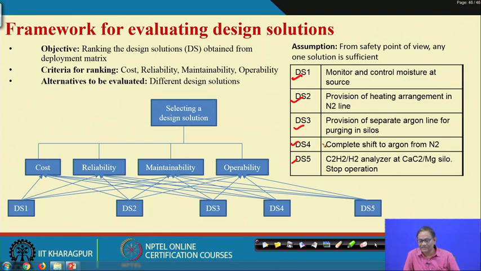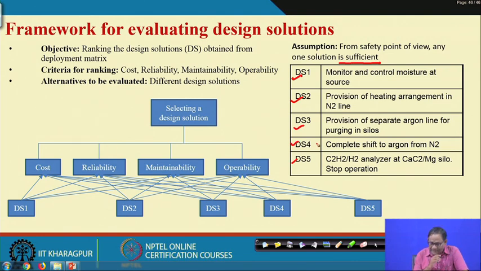It is a very conservative and restrictive assumption, because the design solutions are different and could have different potential, but nevertheless any one of them is sufficient. If you find there is a better solution, fantastic, but this is our assumption for comparison. The reason is, if any one of them is not sufficient to fight for safety, then it is not a good solution found using SFD, so it is not to be considered.